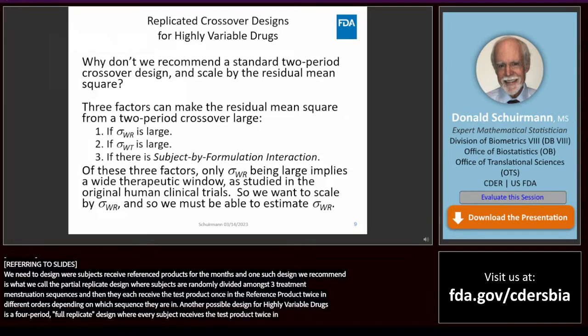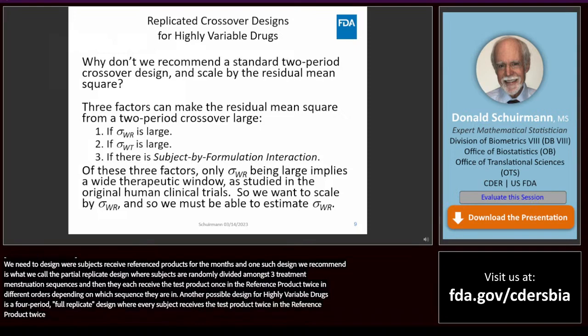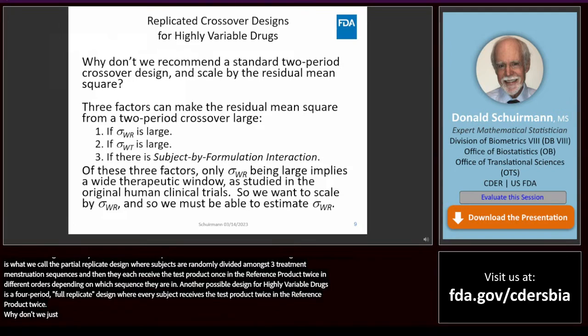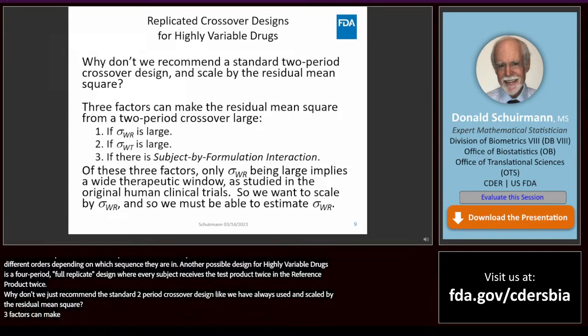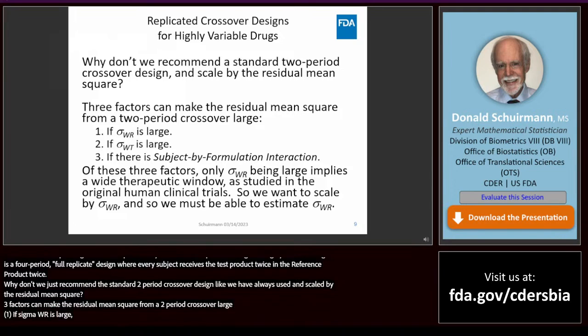Why don't we just recommend the standard 2-period crossover design like we've always used and scale by the residual mean square? Well, 3 factors can make the residual mean square from a 2-period crossover large. If sigma WR is large, yes, but also if sigma WT is large, the within-subject standard deviation for the test product.